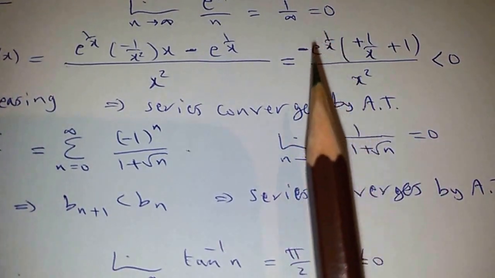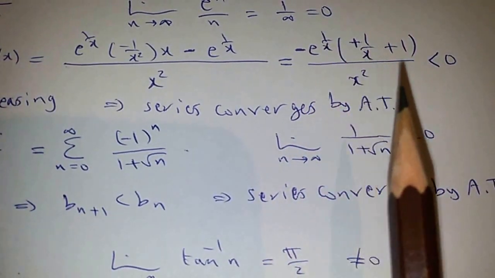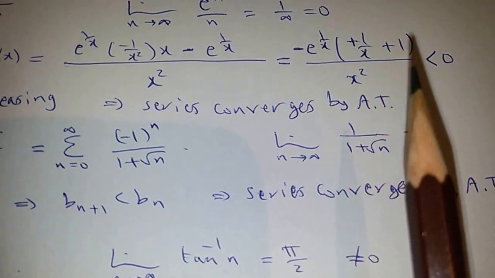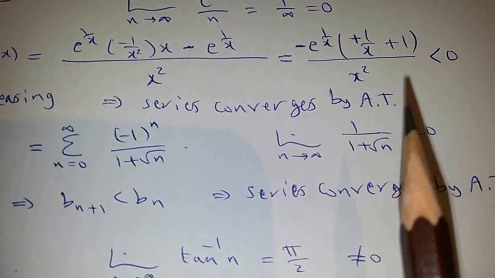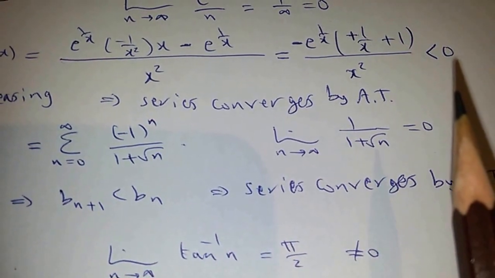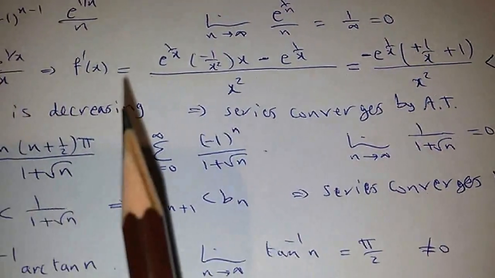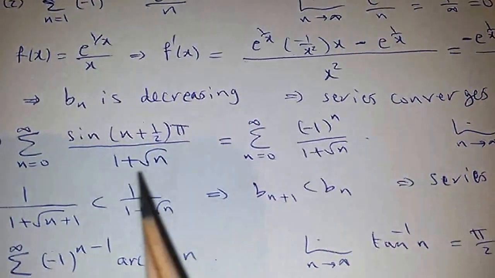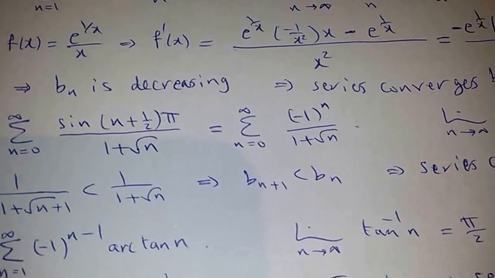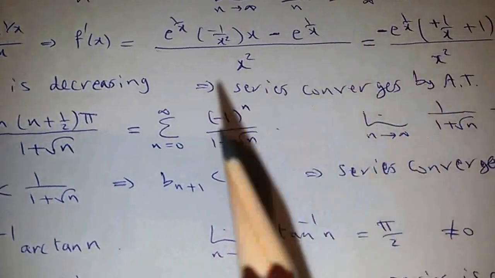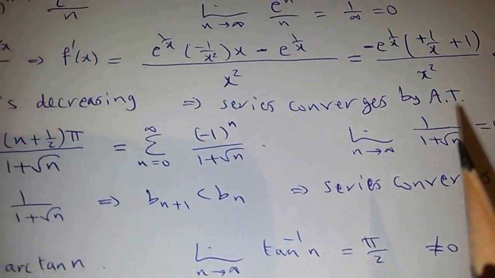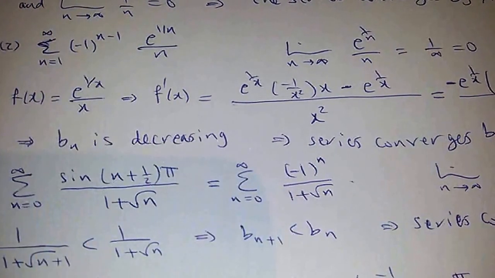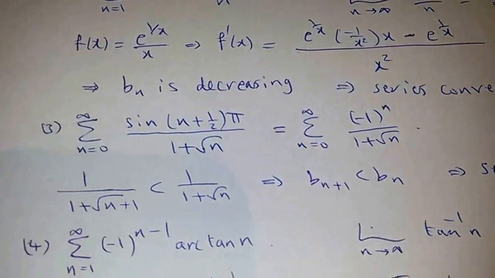So this is always positive, e to the power 1 over x, and this is positive multiplied by negative. x squared is positive, so in fact this term is always negative. So this function is decreasing always, so bn is decreasing. So it satisfies the two conditions, so this series converges by the alternating series test.